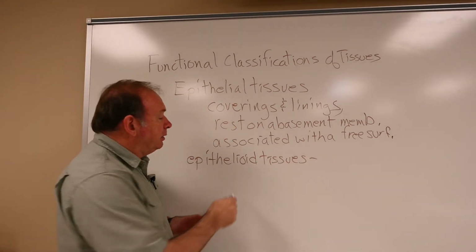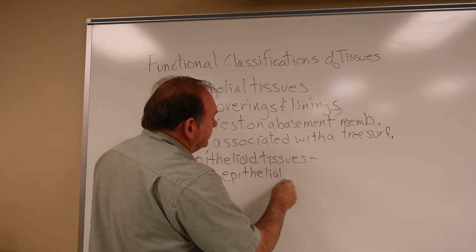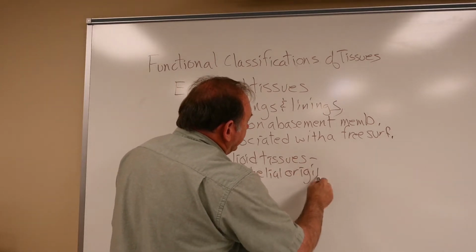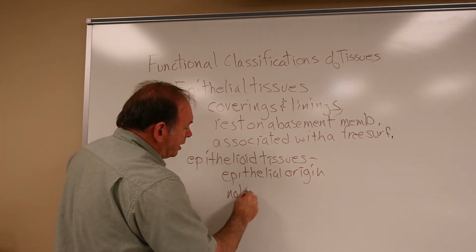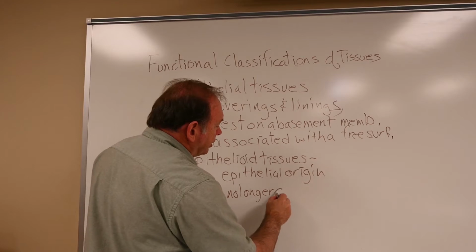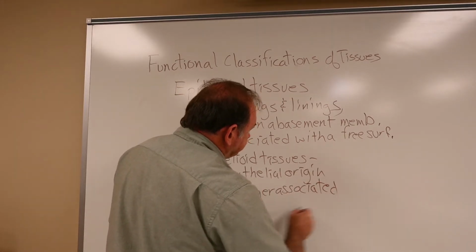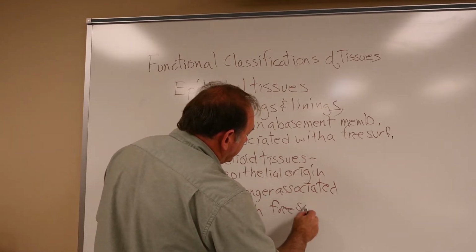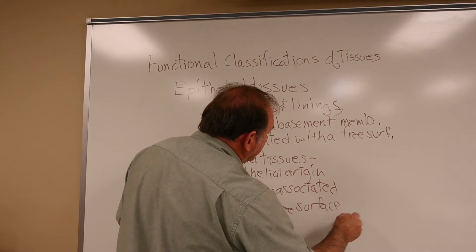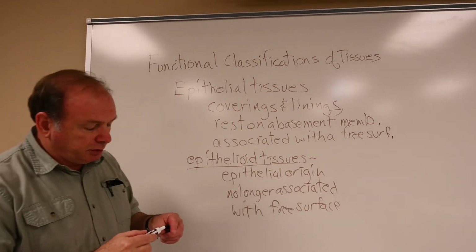They had an epithelial origin. They were part of an epithelium, no longer associated with the free surface. So that sets our epithelioid tissues apart from some of our other tissues here.